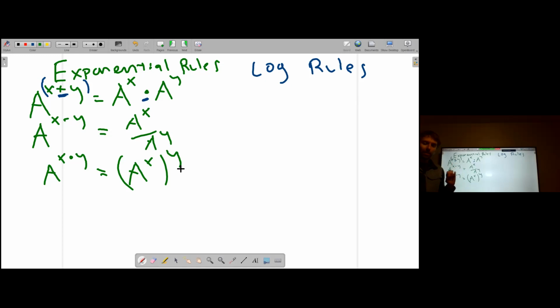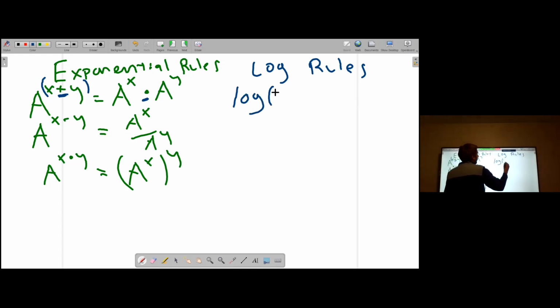For log rules, logs are the inverses of exponents, right? Well, all the log rules are just the flipped around versions of the exponential rules. So here's what we got. Multiplication on the inside becomes addition on the outside.